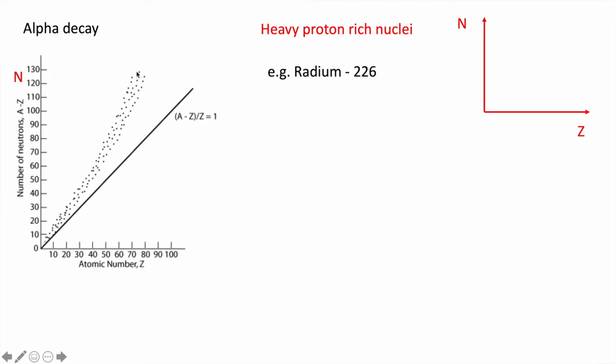Now you can see that these dots here are all the stable nuclei or elements on the periodic table. And this line here shows you the line where the number of protons equals the number of neutrons.